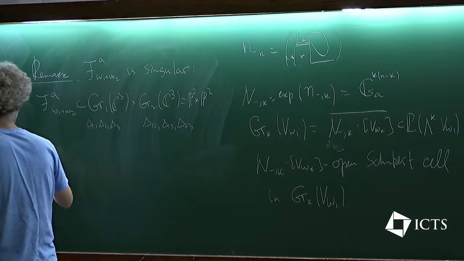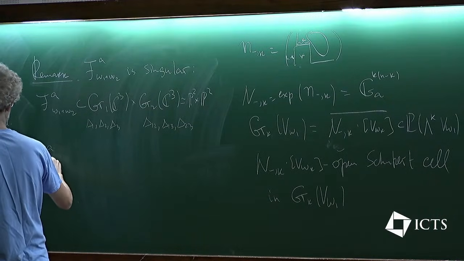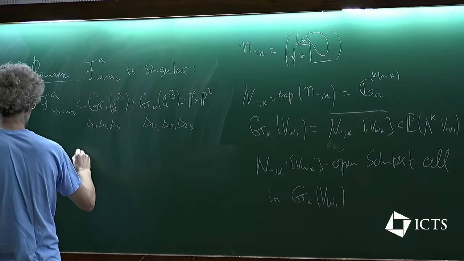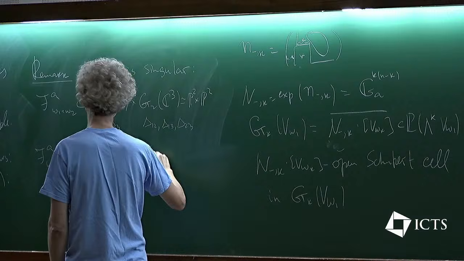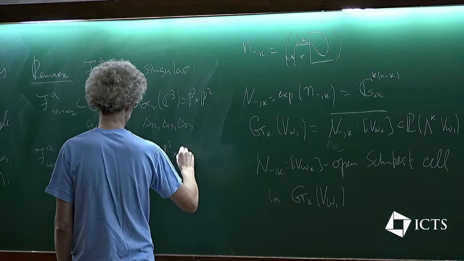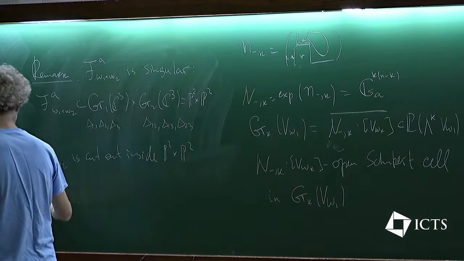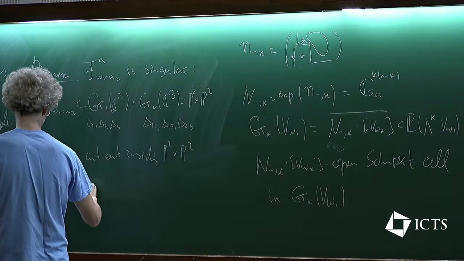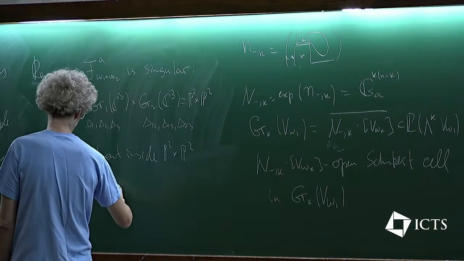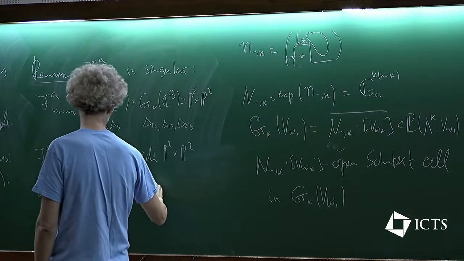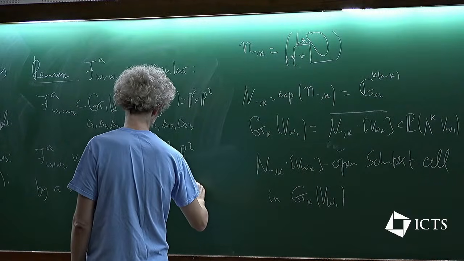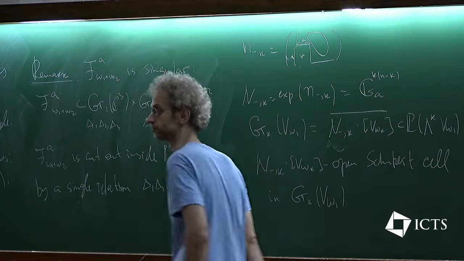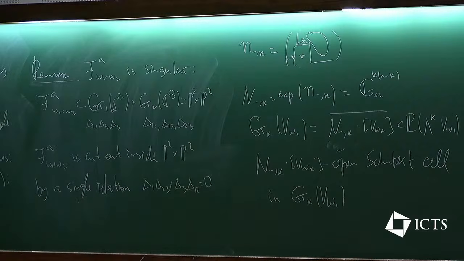So this F_{a omega 1 plus omega 2} is cut out inside P2 times P2 by a single relation, saying that delta 1 delta 23 plus delta 3 delta 12 is 0. Okay, so we see it here.